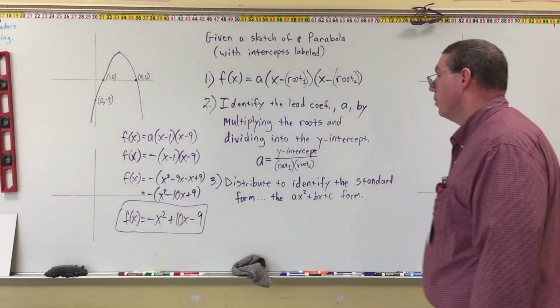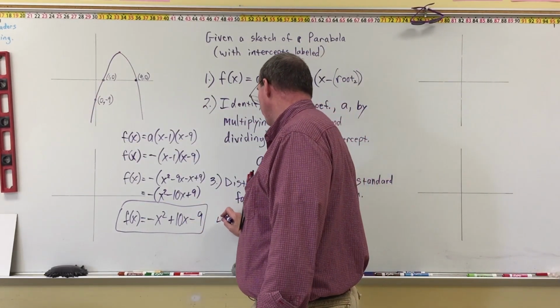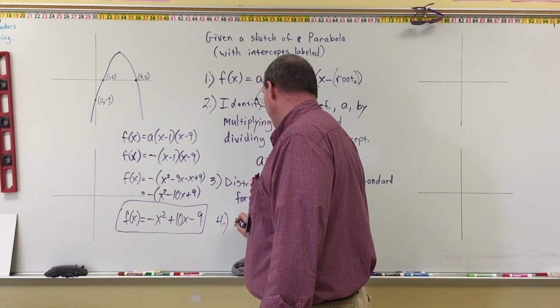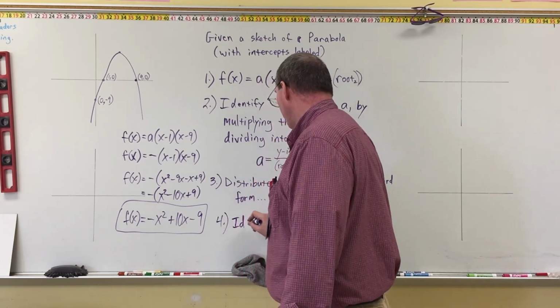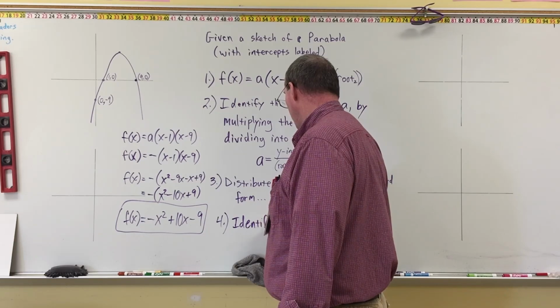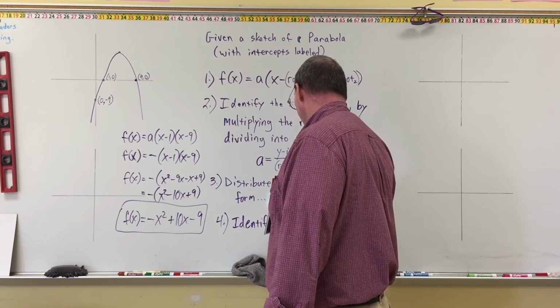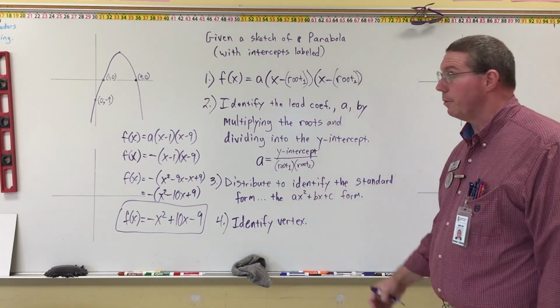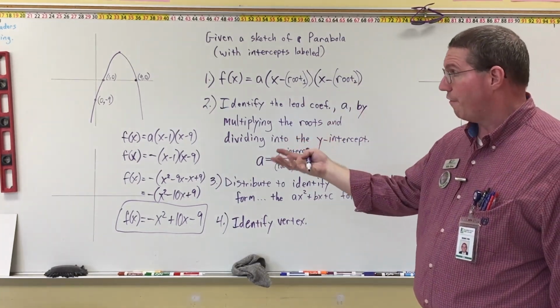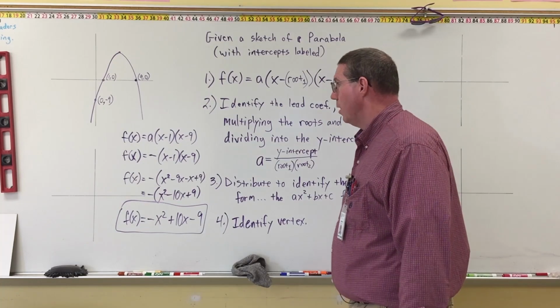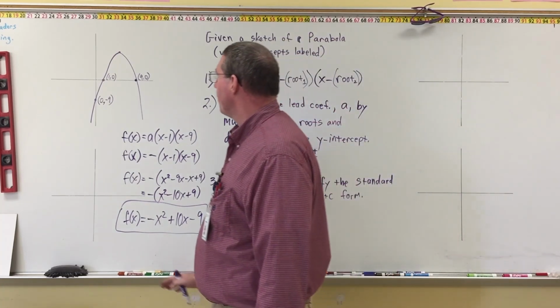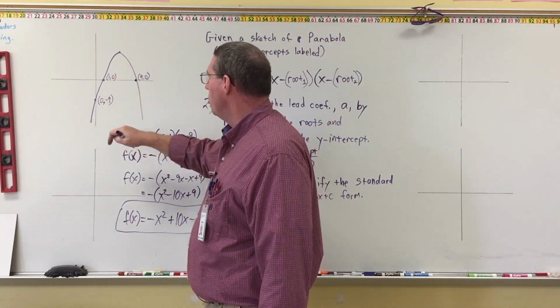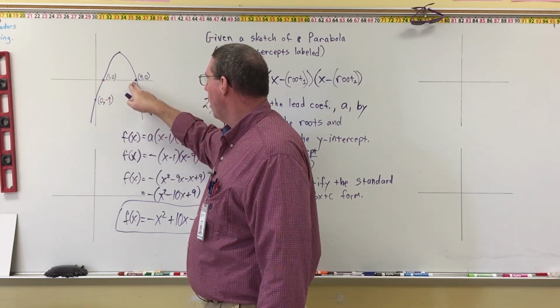The last thing that we want to do is identify the vertex, which we already know how to do from the last part. Okay? And if you recall from the last thing we learned how to do when we were graphing the parabola, we said we needed to identify the vertex. We need the critical x, which is halfway between the roots.